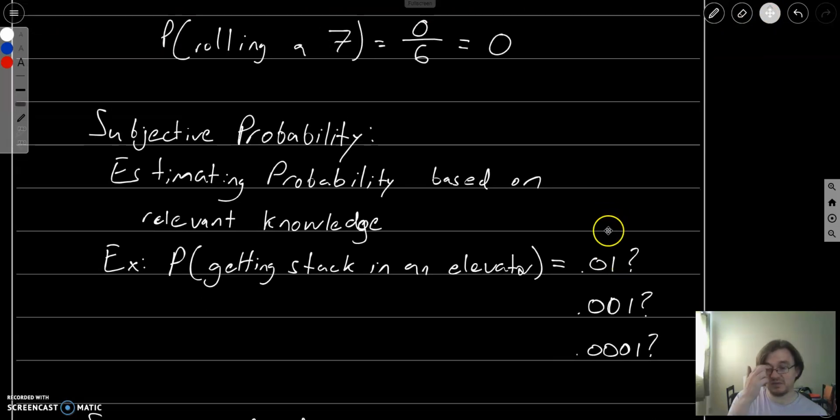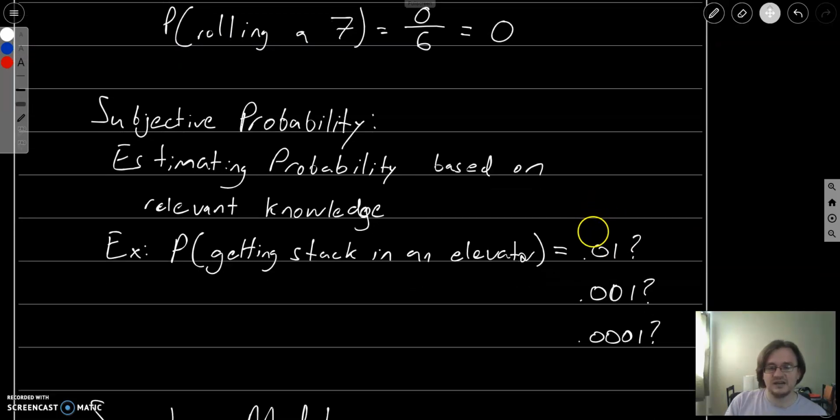So estimating probability could come down to essentially just guessing, like the example that they did in the book, where they looked at the probability of getting stuck in an elevator. And if you've ridden on elevators before, this doesn't happen very often. So the question is, well, how often?